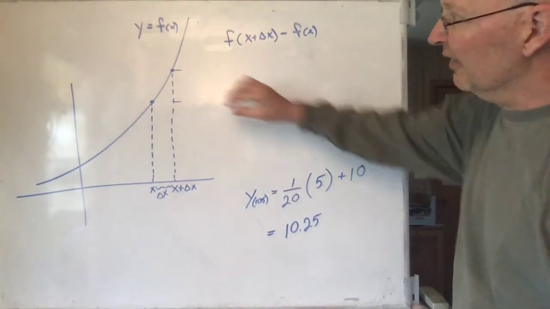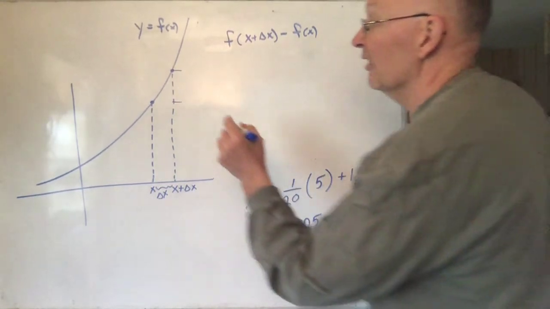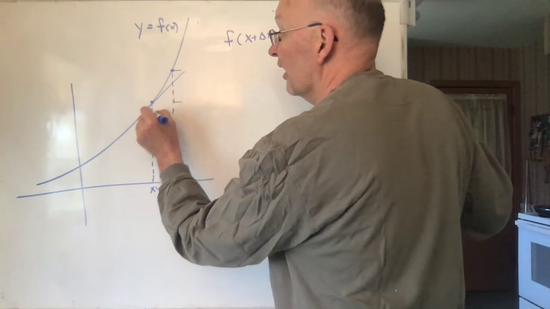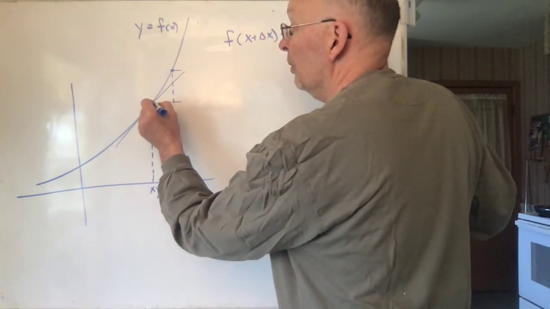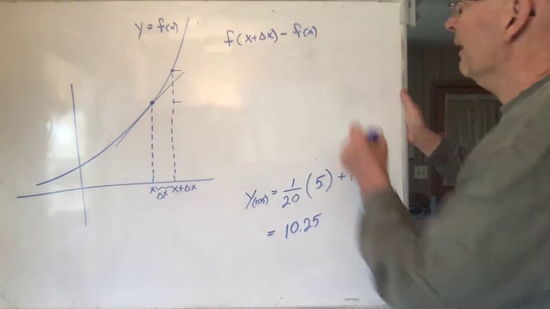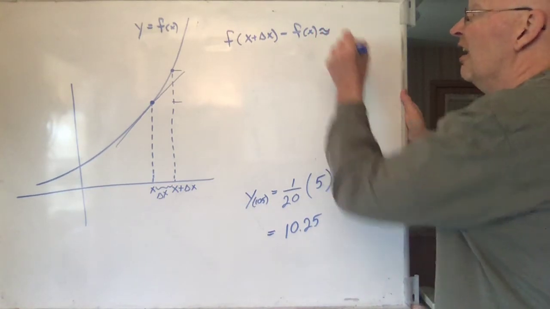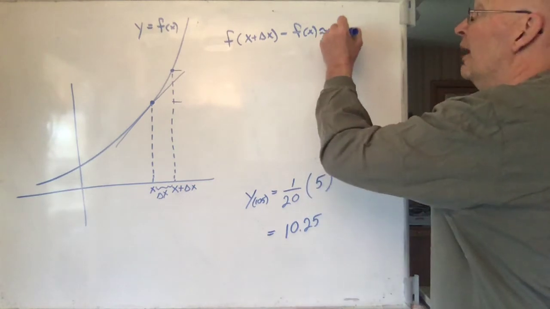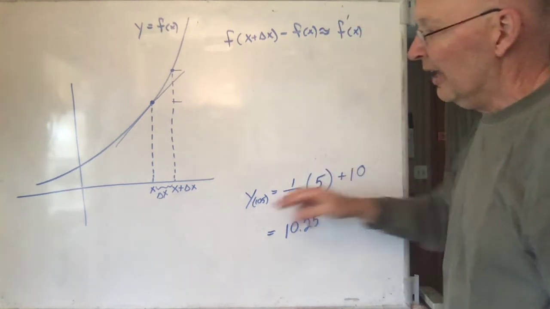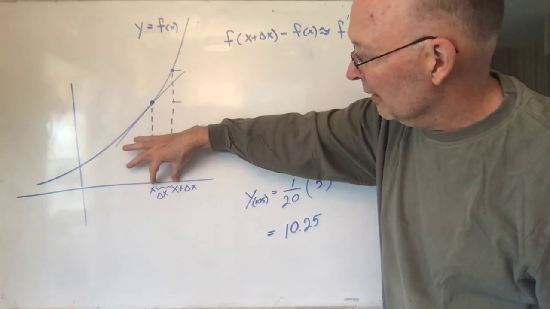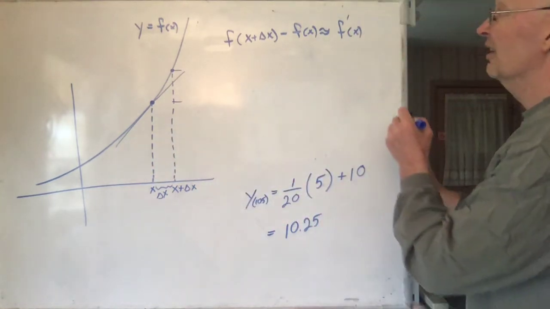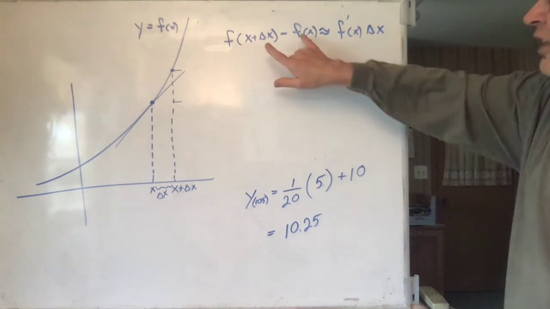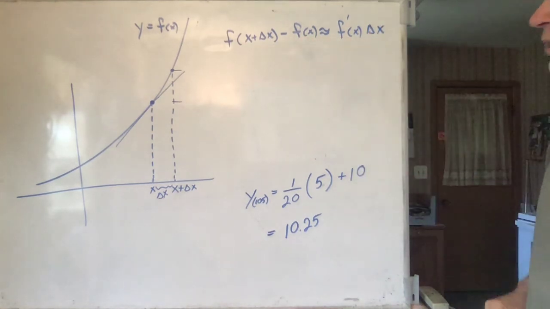And we see that this difference right here is pretty close, same as what I just talked about, to what you get if you take the slope of the line right here, which is going to be f prime of x, and multiply that by the change in the x value, which is delta x. So the change in the value of the function is approximately equal to this.